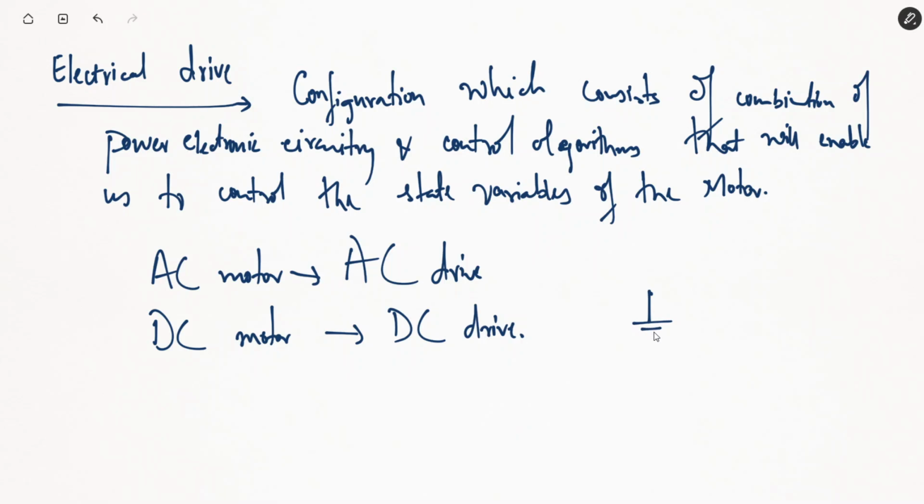So this configuration will look something like this. There will be a voltage source. Let's make it more general. Whether it's an AC voltage source or a DC voltage source, we have a combination of the power electronic circuitry.